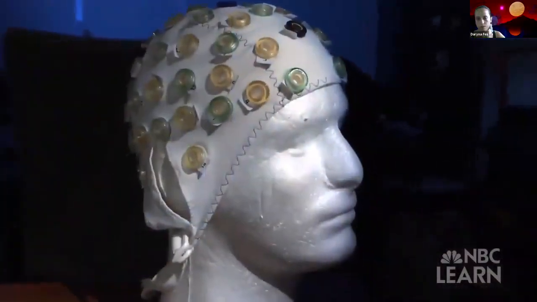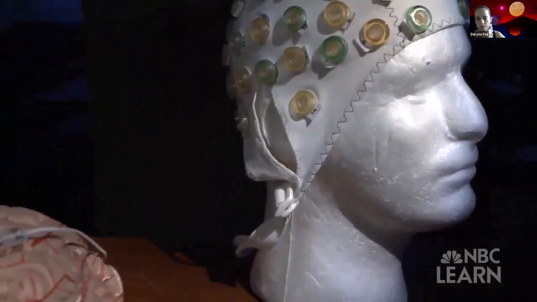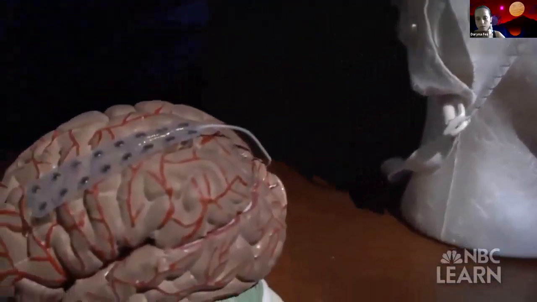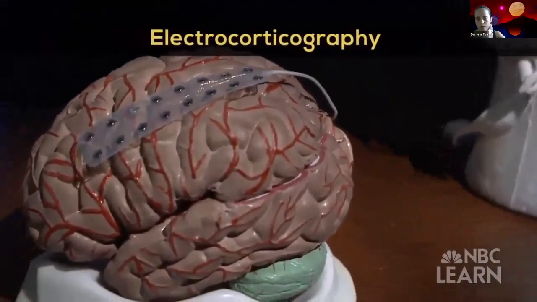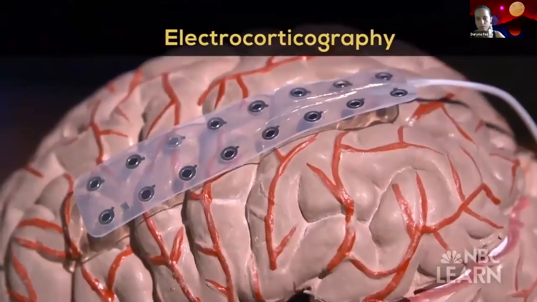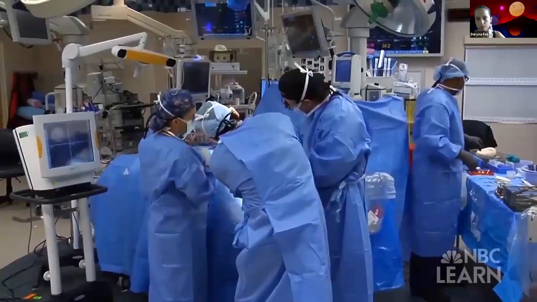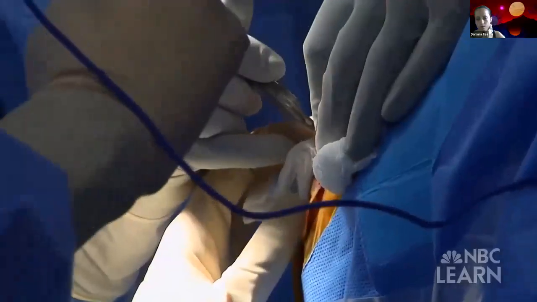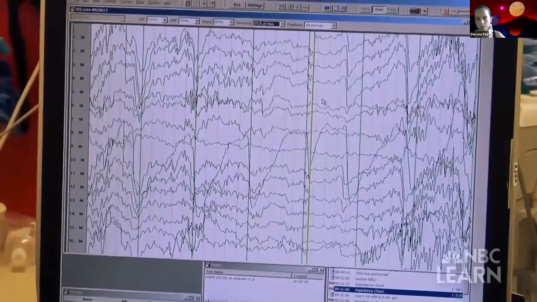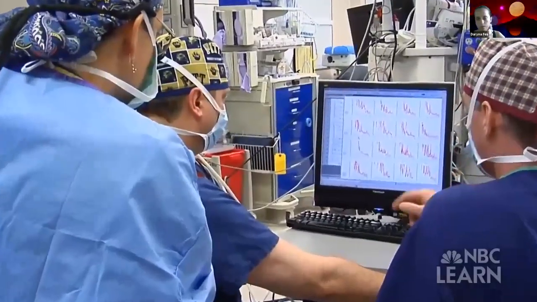Using an EEG cap isn't the only way to measure brain activity. Some BCIs use a method called electrocorticography. It also records brain activity, but unlike the EEG cap, it is surgically placed directly on the surface of the brain, providing a clearer signal and more precise information.